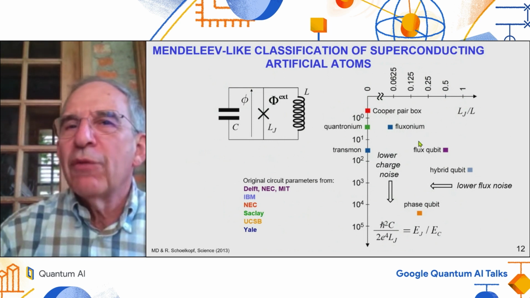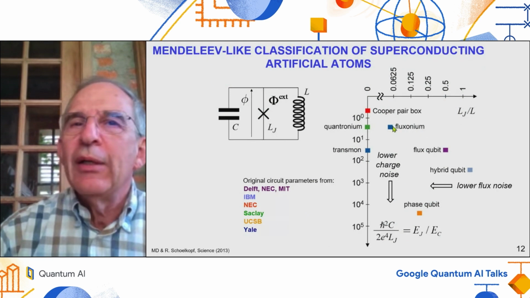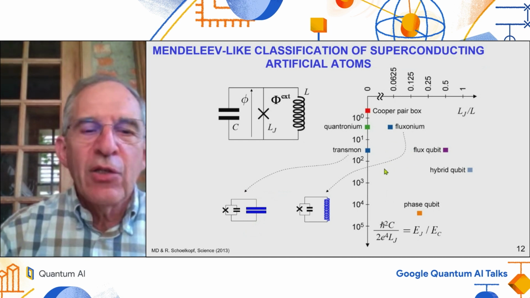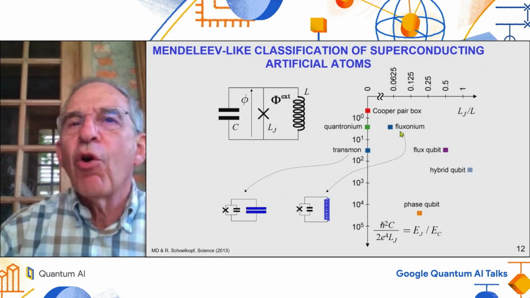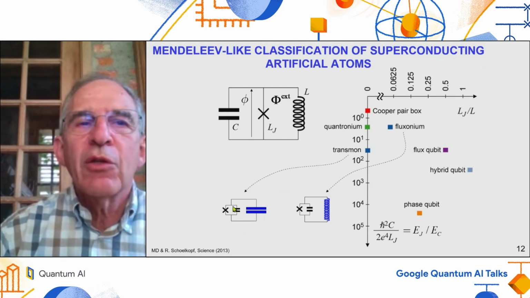And if you go along the diagonal, you would also change the influence of what is called critical current noise. To make a long story short, these two atoms are favored nowadays because they minimize the overall influence of noise.